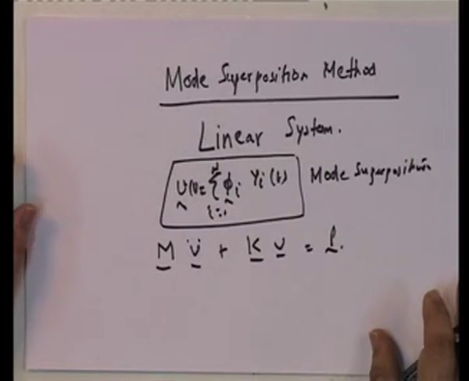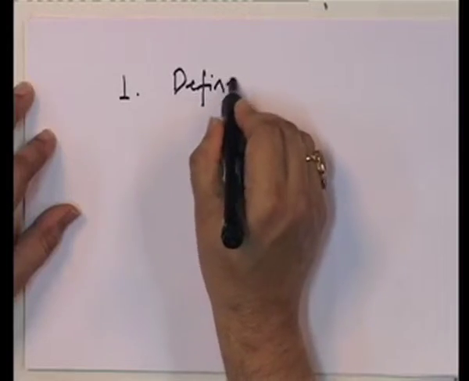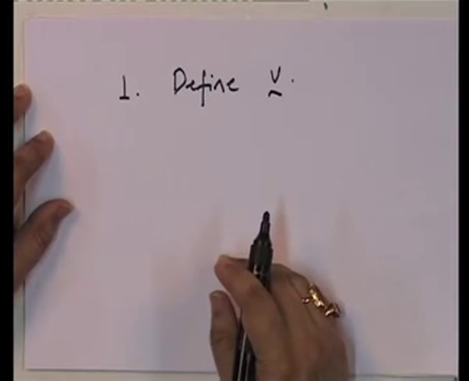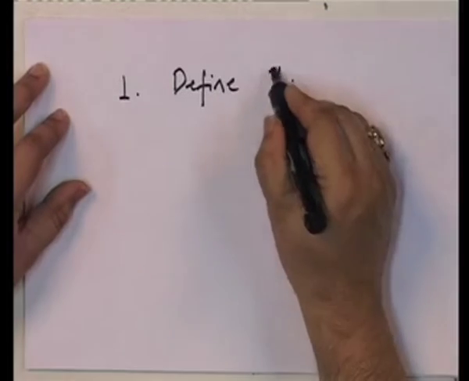Okay? Let me write it down in an algorithmic fashion as to how you are going to use the mode superposition method to solve a multi-degree of freedom problem. Start. 1. Define the degrees of freedom.